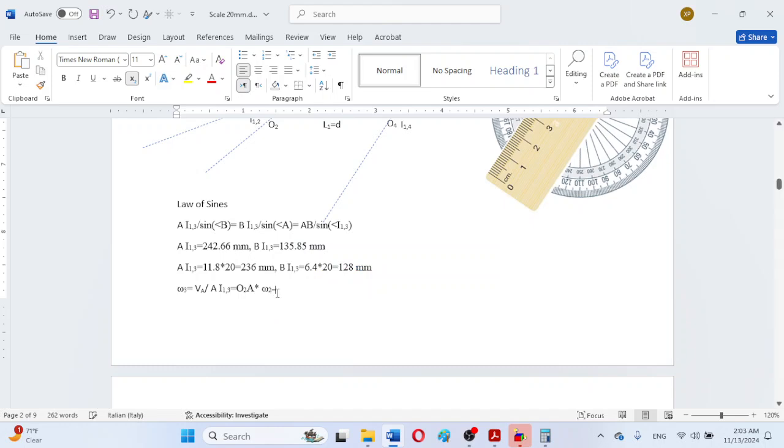So O2 to A was 40 millimeter multiplied by 25, and so this came out to be 1000 millimeter per second.